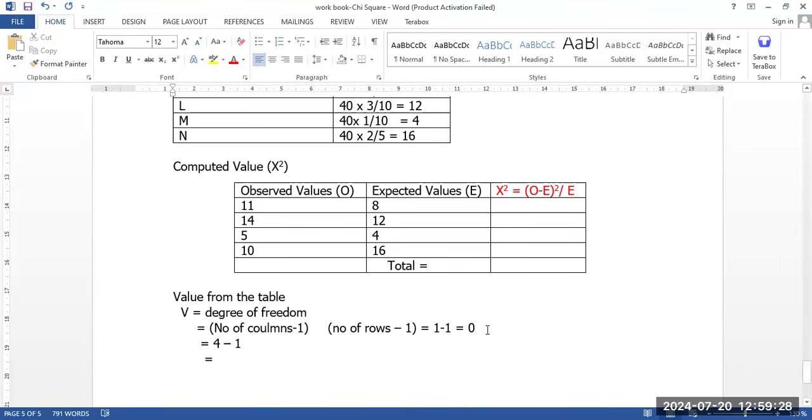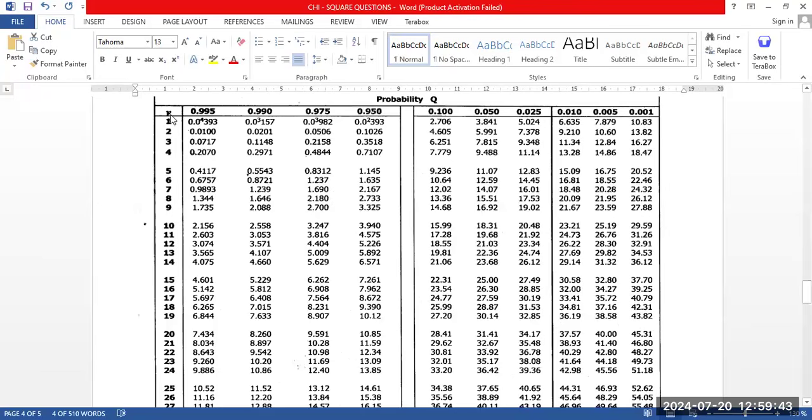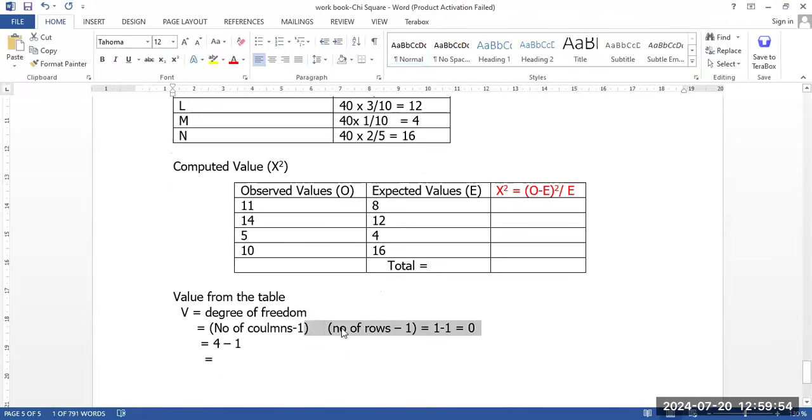And if you get this 0 times, let's say 3, the answer you get as V is 0. Yet on your chi-square table, you don't have V as 0. So that's why we are eliminating this bracket, so that we don't get V as 0.